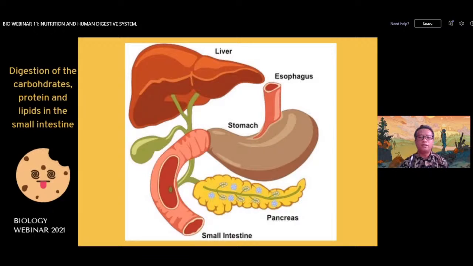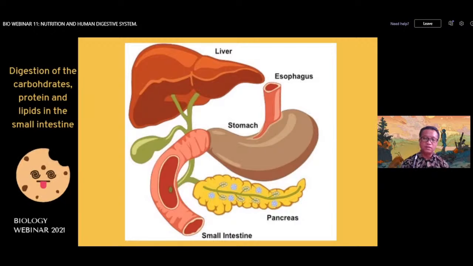The carbohydrate is now in the form of disaccharide or maltose. The protein is in the form of polypeptide, and the lipid is now in the form of tiny droplets. All those three food classes are just halfway digested. They have not yet become the simplest form that can be absorbed at the small intestine. So when it reaches the pancreas, it will finish up the digestion.